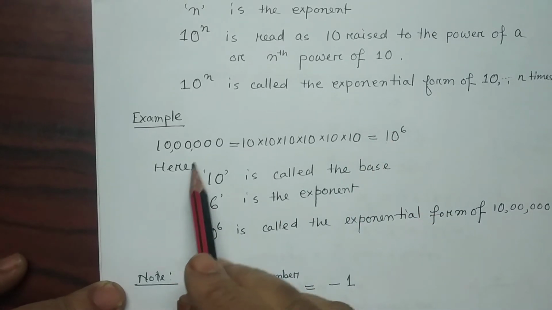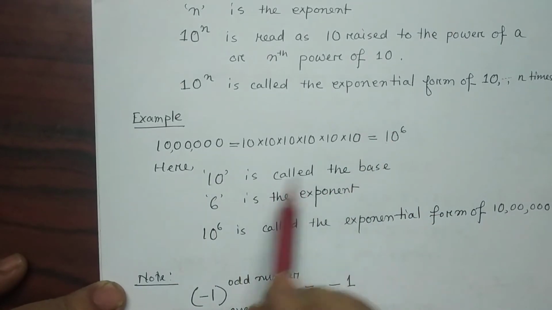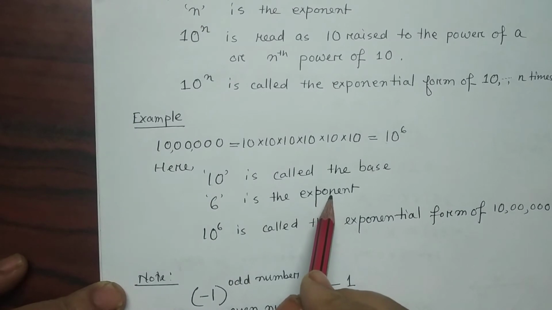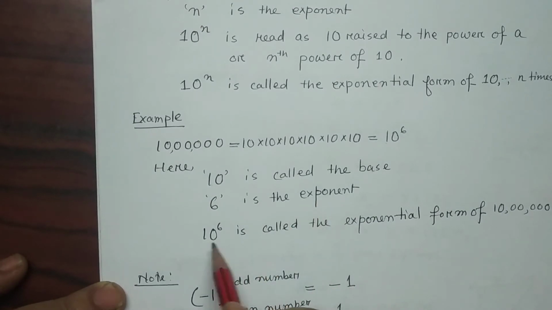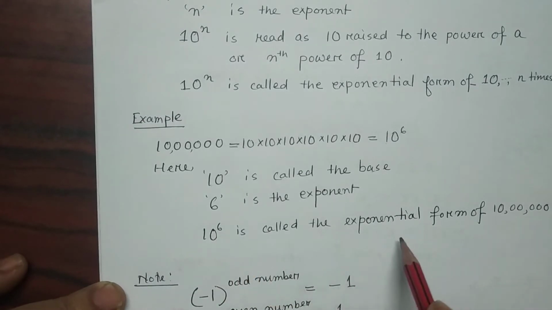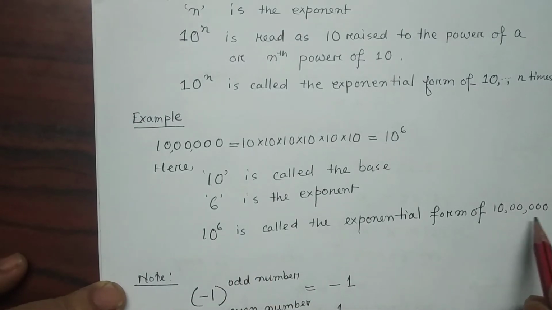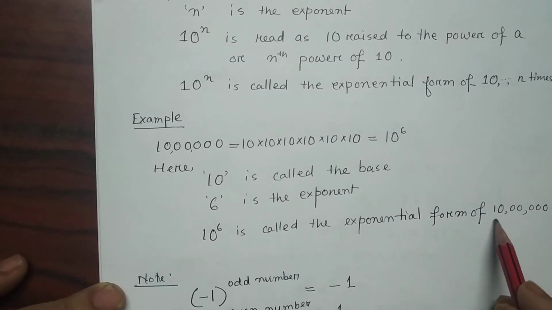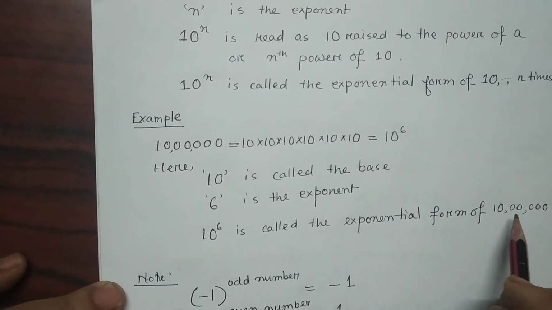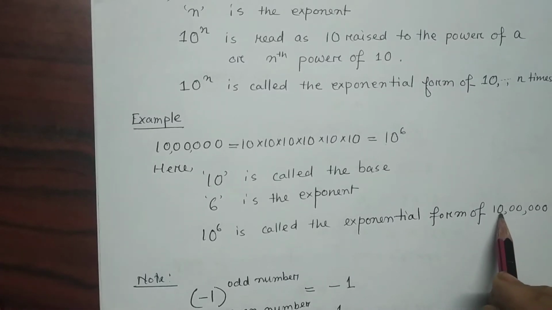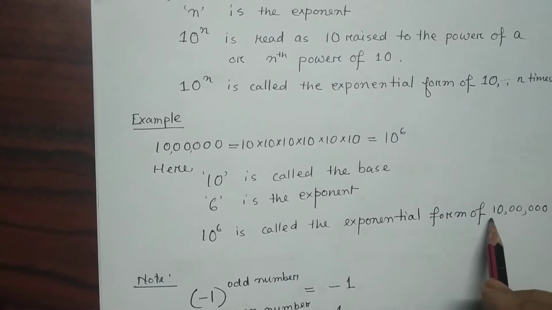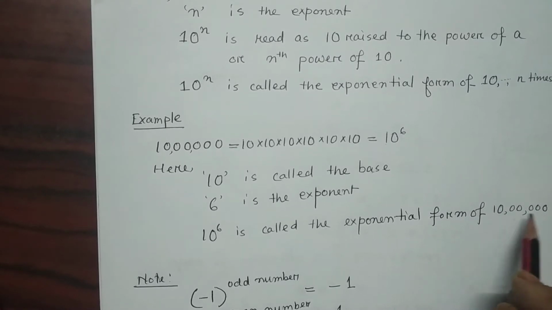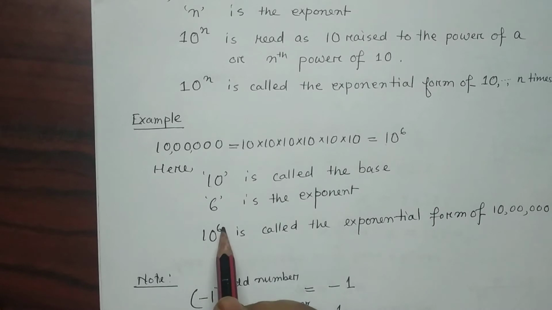Here 10 is called the base and 6 is the exponent, power also we can say, and 10 raised to the power 6 is called the exponential form of 10 lakhs. If we are asked to write the exponential form of 10 lakhs, then we have to write 10 to the power 6.